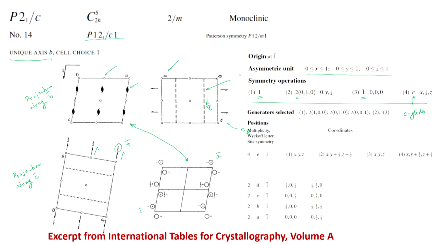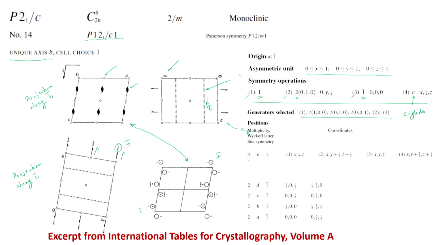A minimal set required to generate the space group is given by these generators selected. So, these bracketed numbers 1, 2 and 3 are essentially referring to the symmetry out here and the symmetries out here. Then these are the Wyckoff positions.